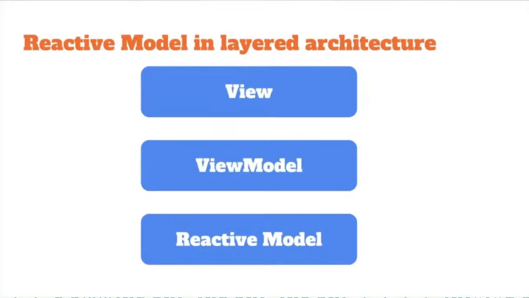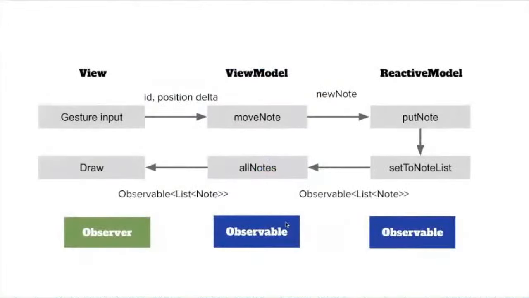So everything that comes from the reactive model layer should be observable. After we add another layer, which is the reactive model layer, the data flow diagram is changed. The view model now is responsible for business logic, and the reactive model now is responsible for data. The data is in the node list.